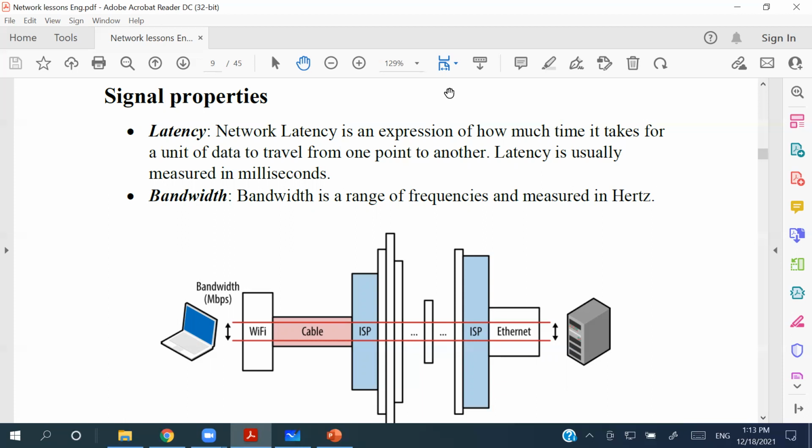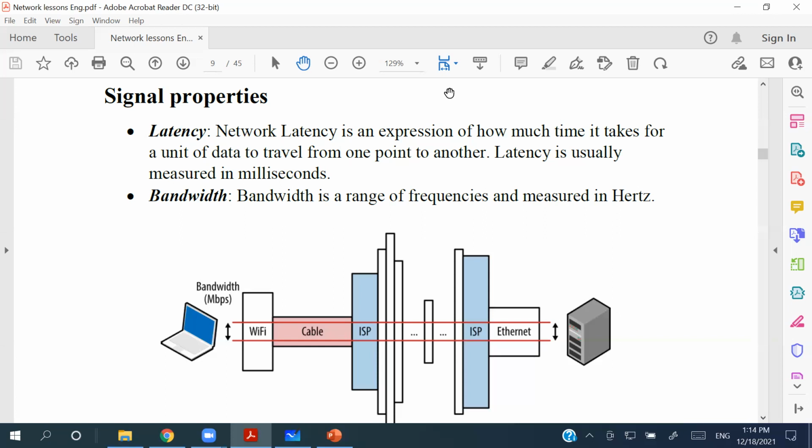And bandwidth is defined as a range of frequencies and is measured in hertz. We know about frequency, but when it comes to bandwidth, it gives you a range of frequencies, usually per second. If you are talking about an internet connection, you are always talking about how fast the speed is, and the speed means we are talking about the bandwidth.